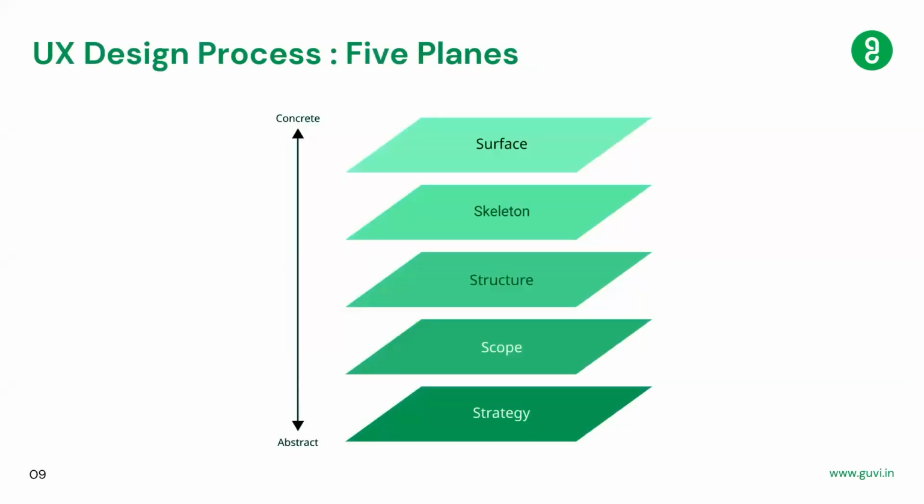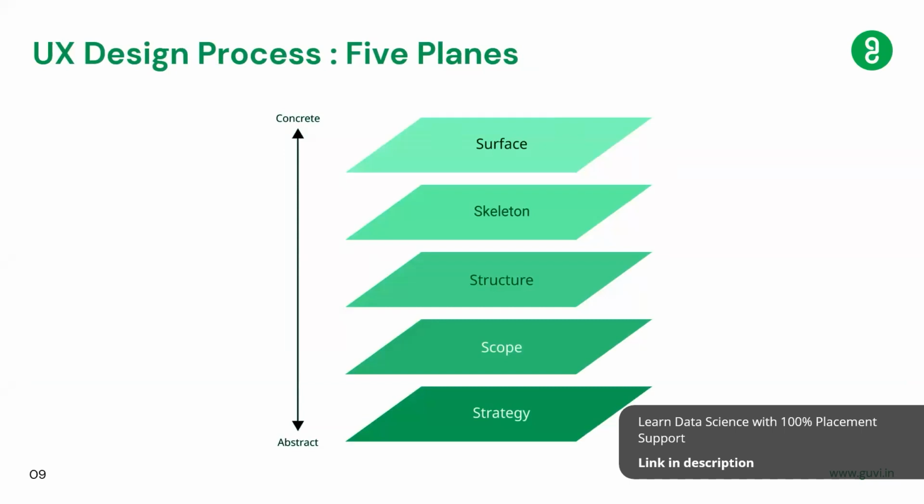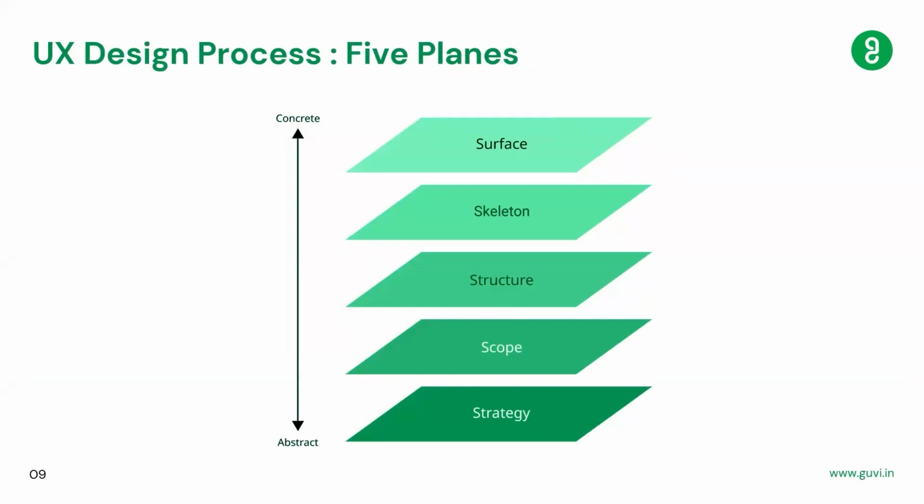Okay, let's start with the design process, which actually has 5 planes. Going from top to bottom, it goes from concrete to abstract. The lower levels are abstract and the top levels are concrete, concrete as it comes to real life as you go up the planes.